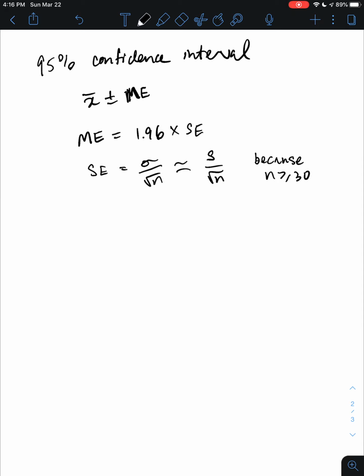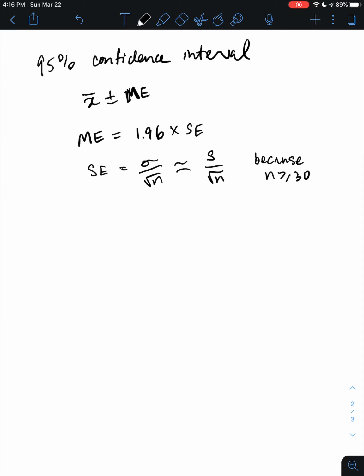So let's take a look at an example. We'll start with an example from the textbook. This is 8.6 on page 326 of my book.